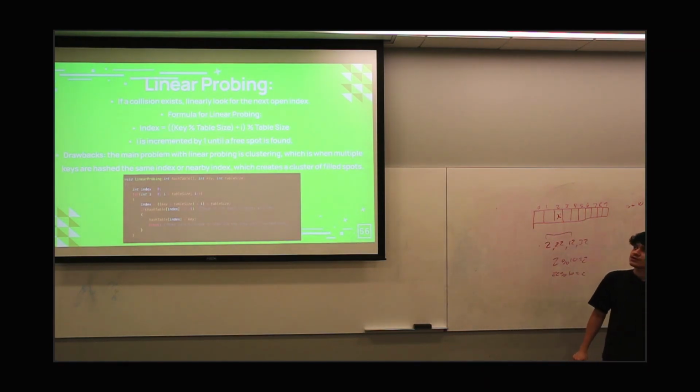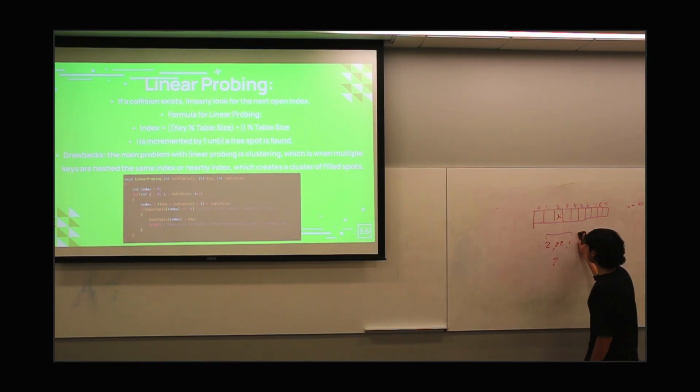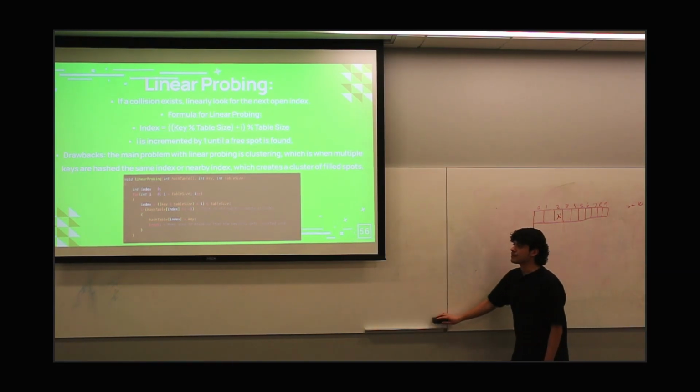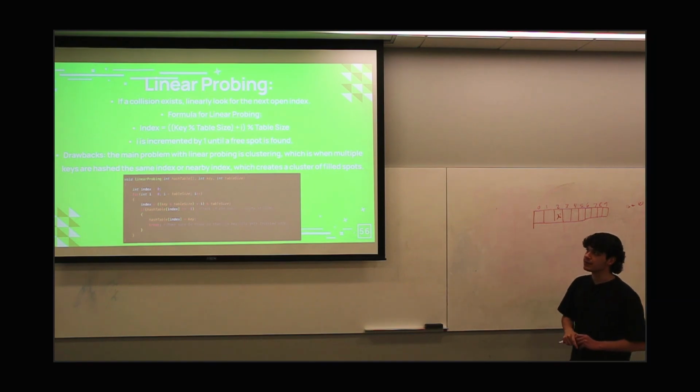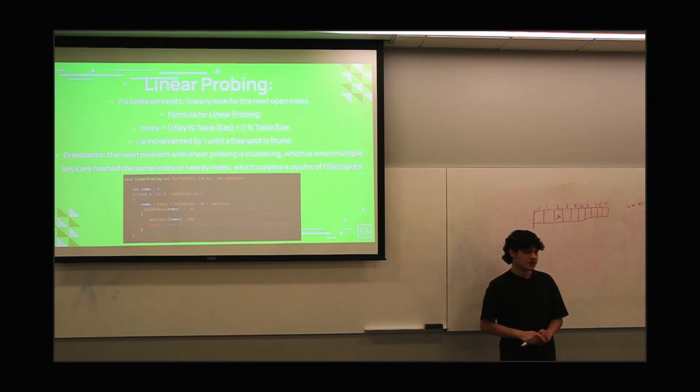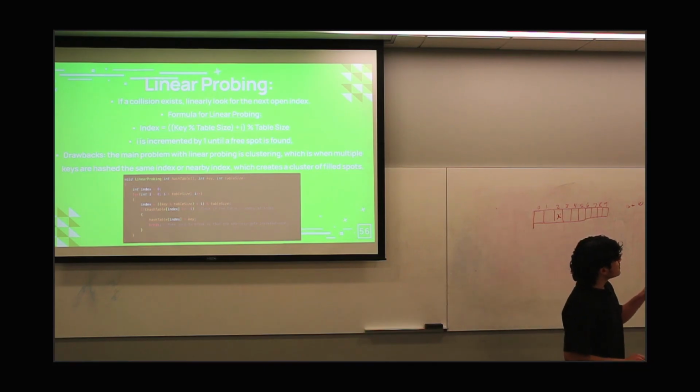All right, so this is our first function that we use to deal with collisions, and it's called linear probing. Anybody have an idea what linear probing is? Basically we take the same idea that we got from direct hashing, and you're going to see that it's consistent throughout the hashing methods that we do.